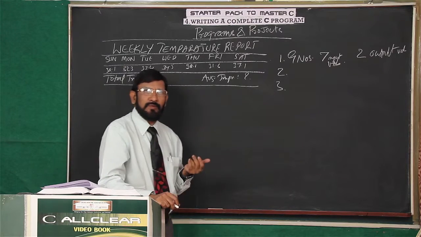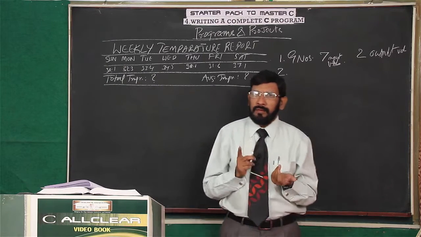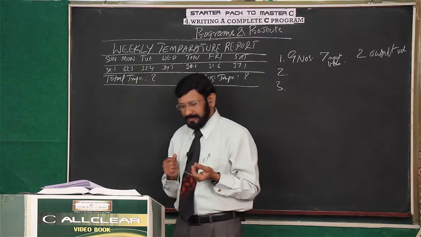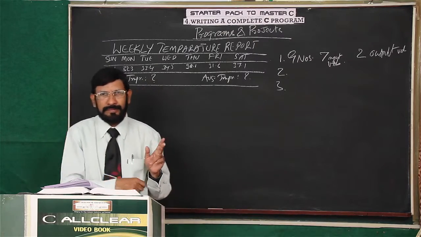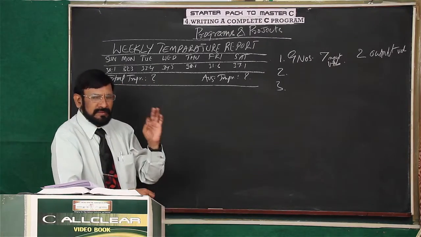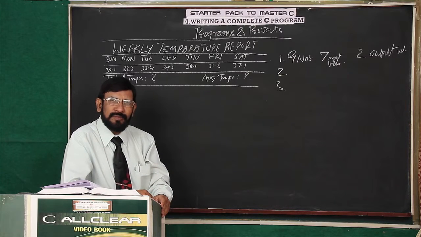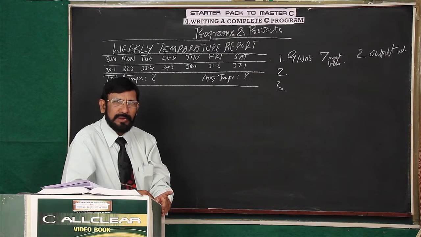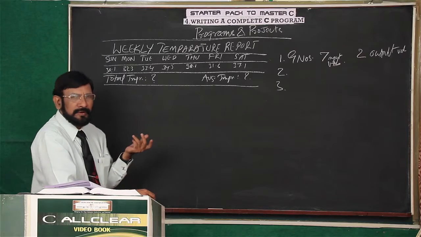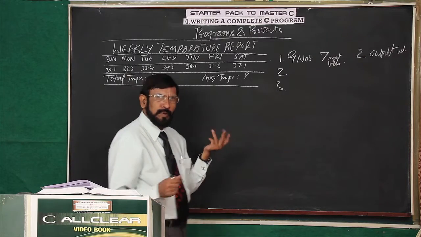Next question: what are the types? In this case, all are floats because it is temperature. Temperature may be exactly 31 also, but you declare it as float because tomorrow it will be 31.5, the day after tomorrow 32.1.